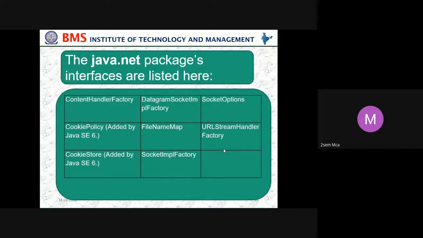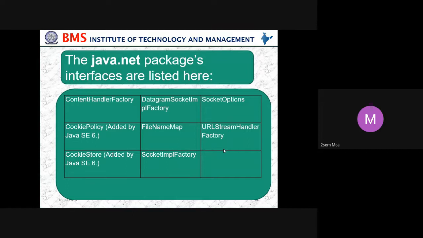Those interfaces are listed here: ContentHandlerFactory, DatagramSocketImplFactory, SocketOptions, cookies, FileNameMap, URLStreamHandler. Why are all these used? Now you can go to Google Maps and search where BMSIT college is.